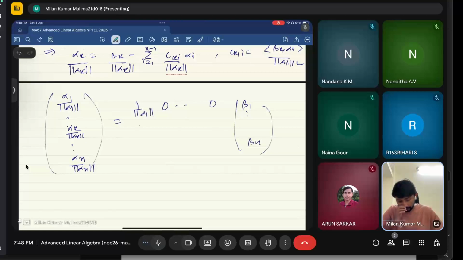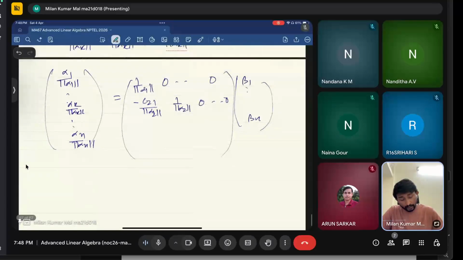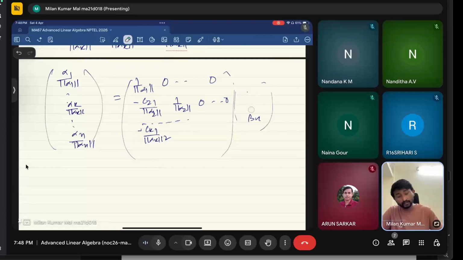The second row, for k equals 2, will be minus c_{2,1} by norm of alpha 2, then 1 by norm of alpha 2, 0, 0, 0. And in this way the kth row will be minus c_{k,1} by norm of alpha k, and so on. I'll write this a little later.